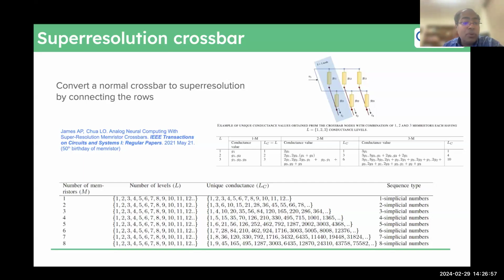So having a few conductance levels, you can connect these memristors in parallel to actually achieve a very high number of stable conductance levels. Now, what it means is that you can do analog compute with high resolution by doing this without having to worry about increasing the resolution of the individual devices.